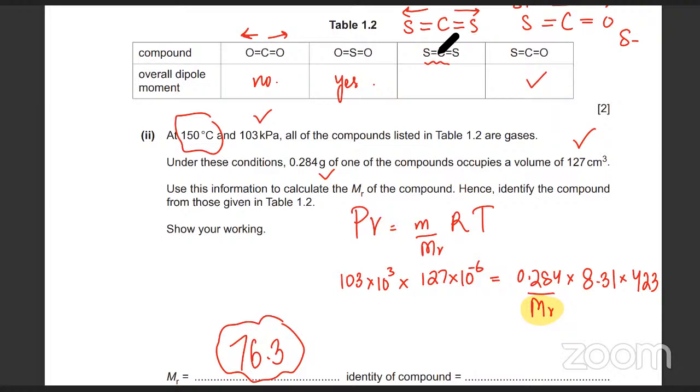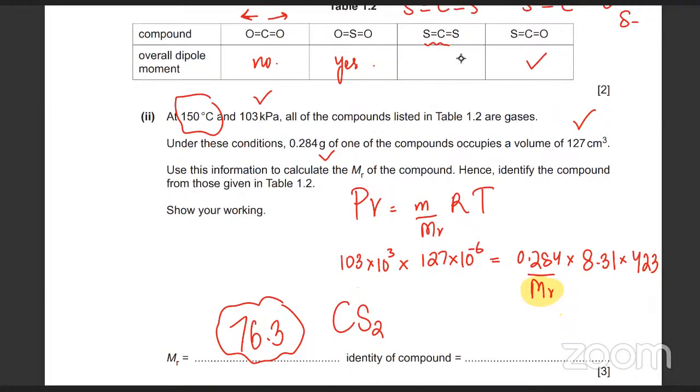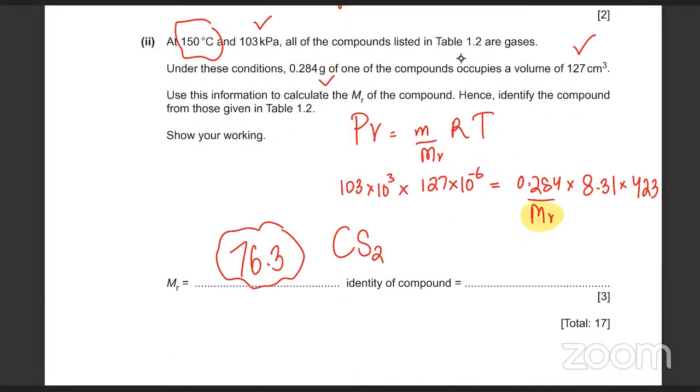This is 32 plus 32 plus 12. It's going to be this thing, I think. 32.1 plus 44, sorry, 76. Okay, so we've identified the compound. Next question.